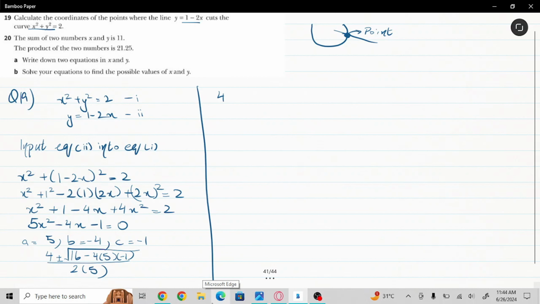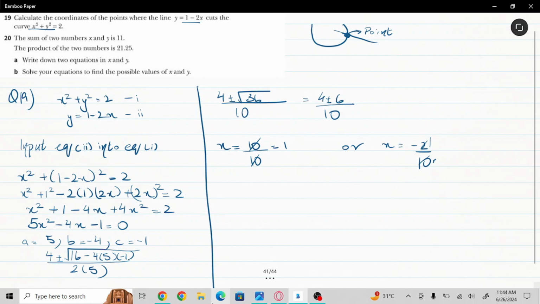So 4 plus or minus the square root of 16 + 20, which is 36, divided by 10. That gives us 4 ± 6 over 10. So x is either (4 + 6)/10, meaning 10/10, or (4 - 6)/10, meaning -2/10. So 10/10 equals 1, and -2/10 equals -1/5, which can be said as -0.2.